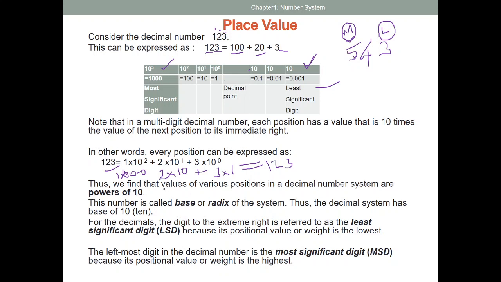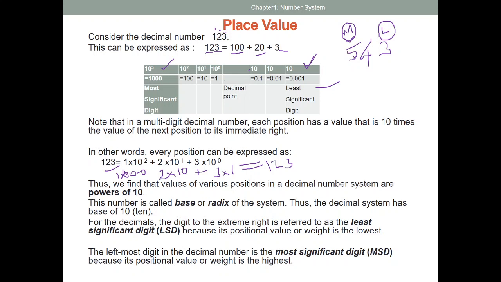Thus we find that the values of the various positions in the decimal number system are powers of 10. This number is called the base or radix of the system. Thus the decimal number system has a base of 10.